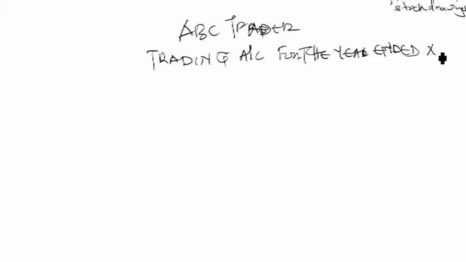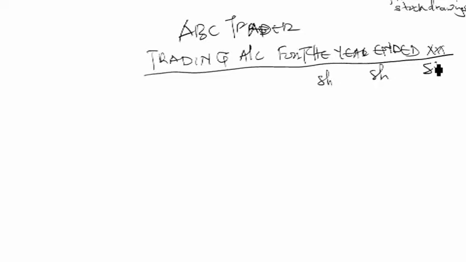Let me just give this for the date and the month on which we are doing this account. So this account will have three columns. Start with these three columns.